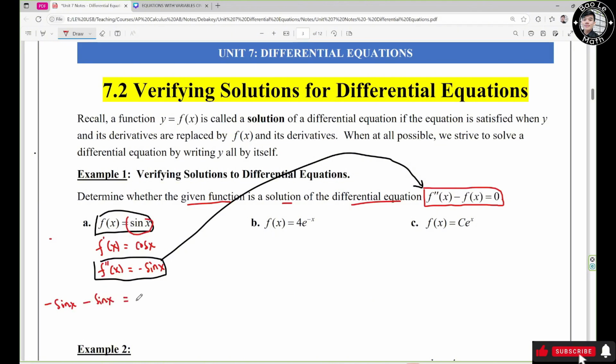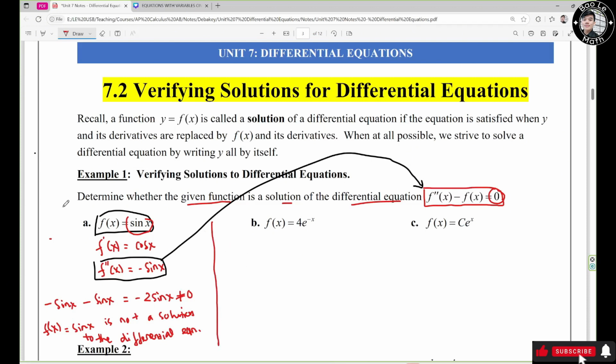Then you simplify, it is negative 2 sine s, which does not equal 0, and we need 0 right here. So you're going to say that f of s equals sine s is not a solution to the differential equation.